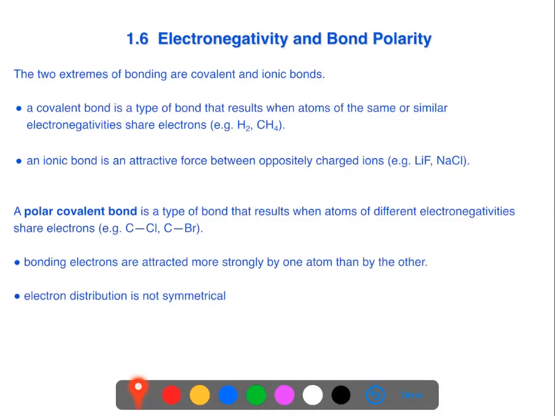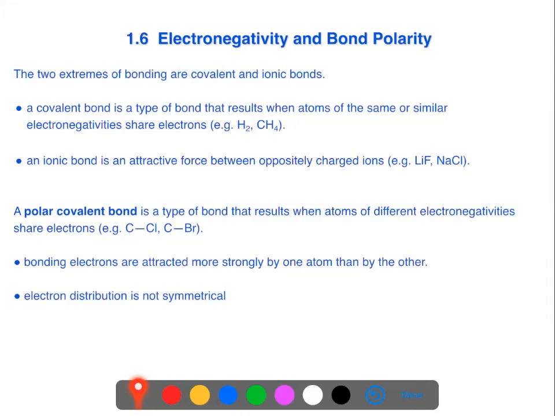So a covalent bond is a type of bond that results when the atoms have generally the same or similar electronegativities. So we think of that as our H2, CH4. These are all systems where atoms of similar electronegativity are going to result in a fairly equal sharing of electron density between those elements.